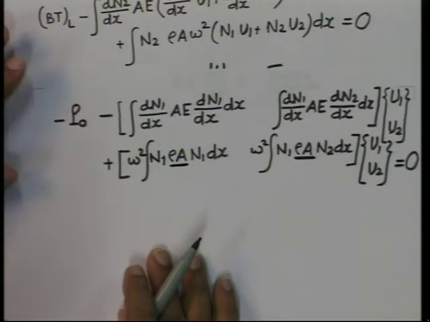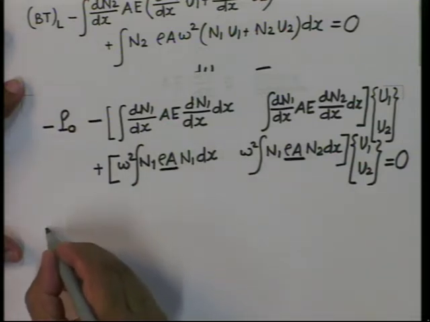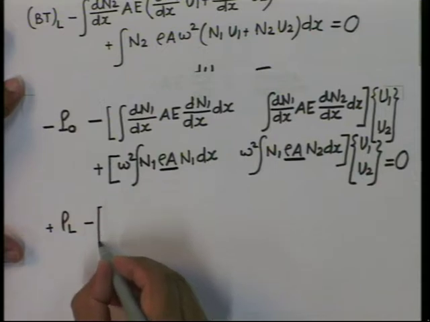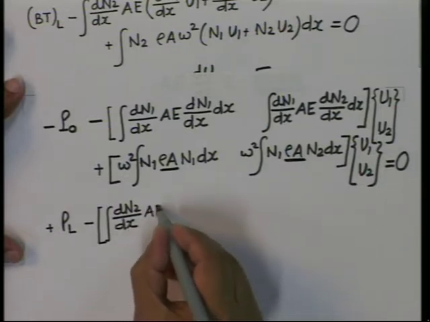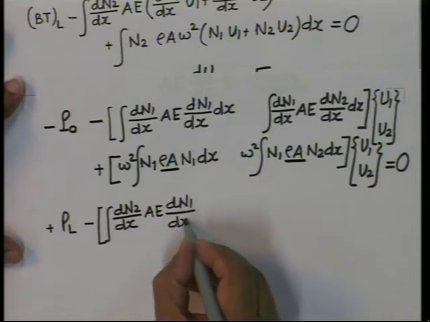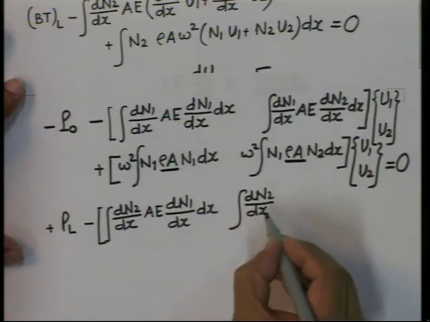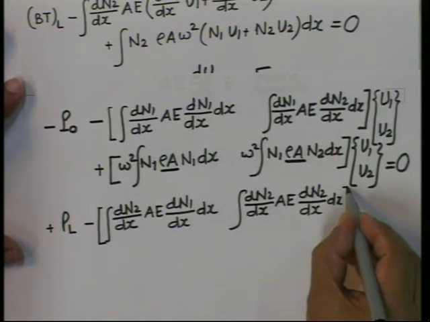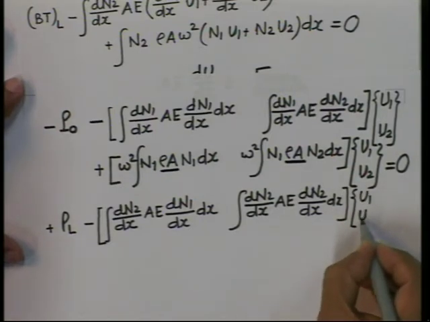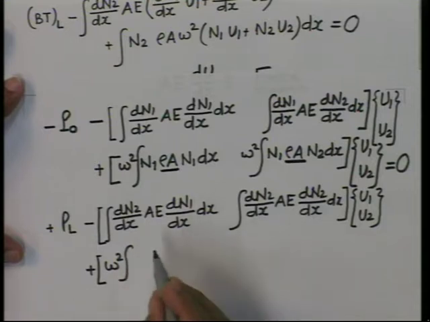And similarly, in the same way, the second one also will be, because this is P L, let us call it, plus omega square n 2 rho A n 1.